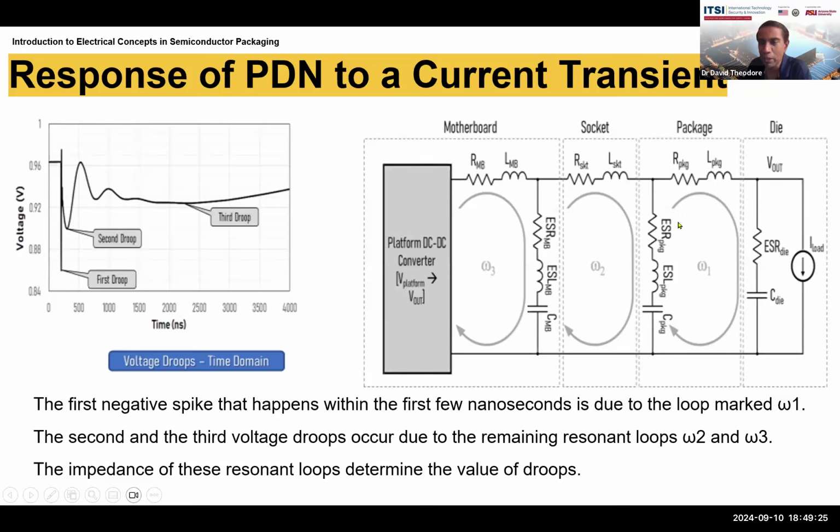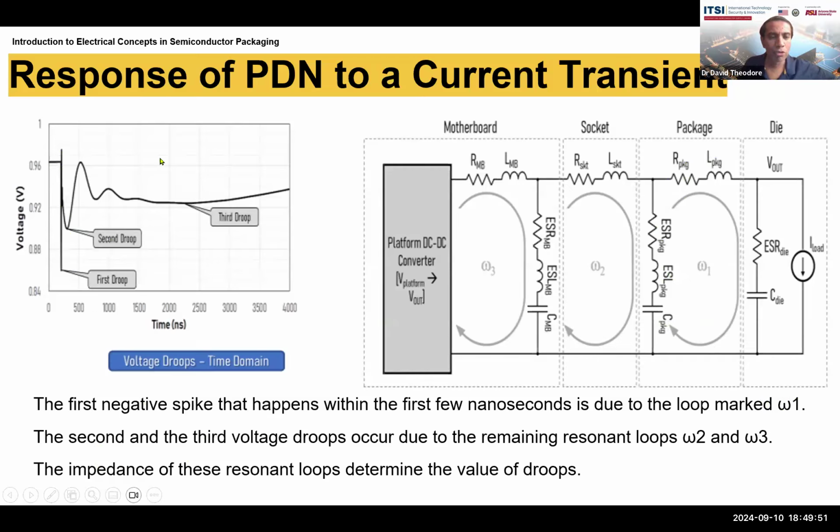So the die is here, right next to the die is the package. This combination of resistor, inductor, and capacitor creates a resonance that interacts with this drop, creating the first droop, right? Then the second voltage droop, which is a voltage drop, is also called a droop in this context.